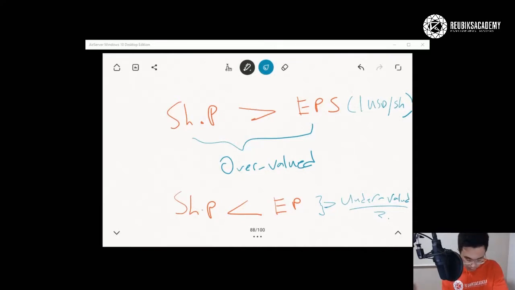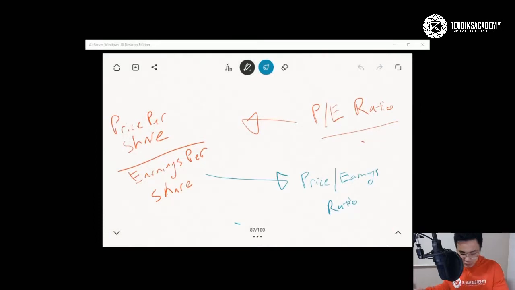Now if it's 1 USD per share and the current price of the share in the market is, let's say, 5, and we know that the earnings per share is 1, what will be the PE ratio? The PE ratio is 5 divided by 1, which will give you 5. So the PE ratio now is 5.